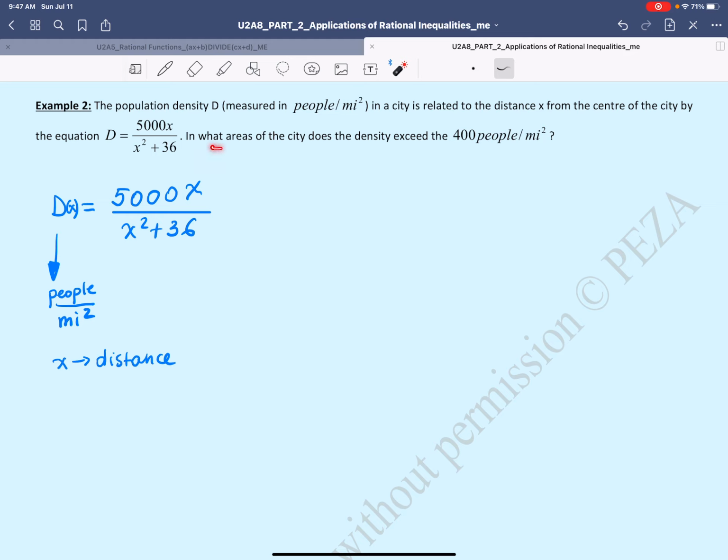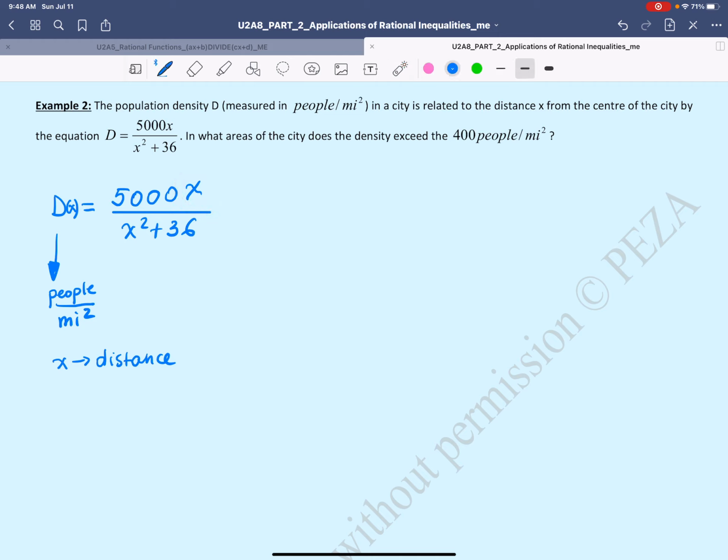Now I will focus a little bit harder on the question: in what areas of the city does the density exceed 400 people per mile squared? When we talk about areas of the city, we need to know what the distance would be, because that's a connection between areas and the independent variable I'm given here.